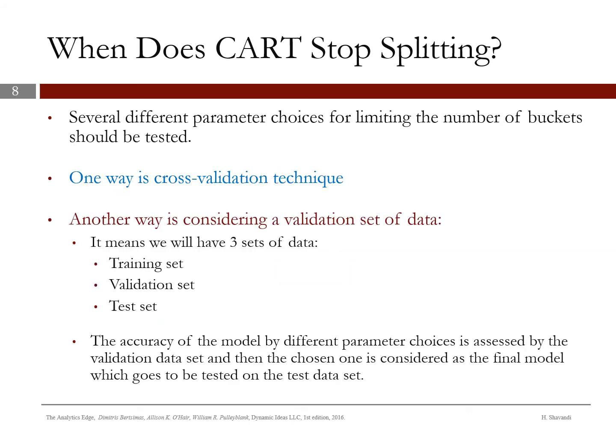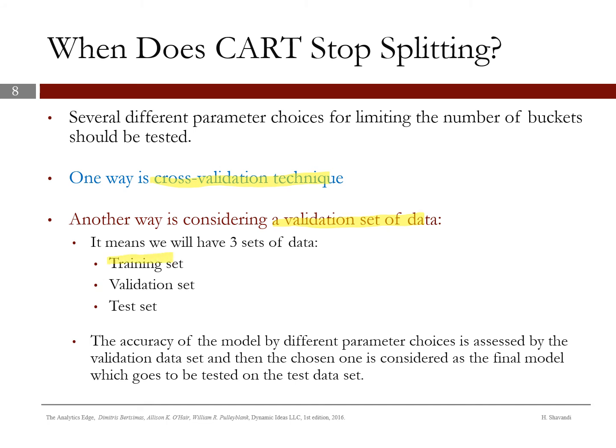So we may try several different parameter choices to limit the number of buckets. One approach that can be applied here is called the cross validation technique. Another way is considering a validation set of data. That means here we'll have three subsets of our data set.